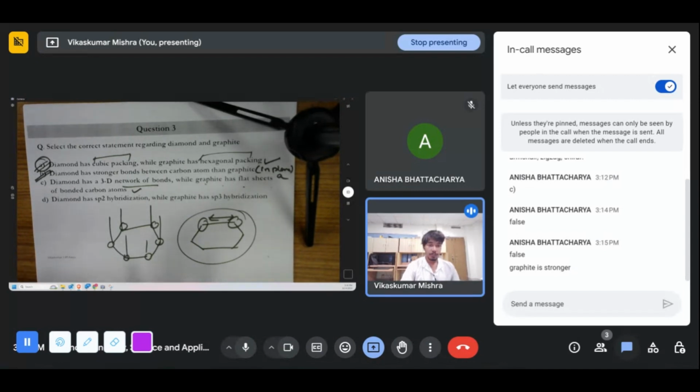So Nisa, what do you think? What is your opinion on this? See, this is correct: diamond has the 3D network of bonds, and the graphite has the flat sheet of bonded carbon atoms. So we are having the sheets, and these sheets are stacked on top of each other.